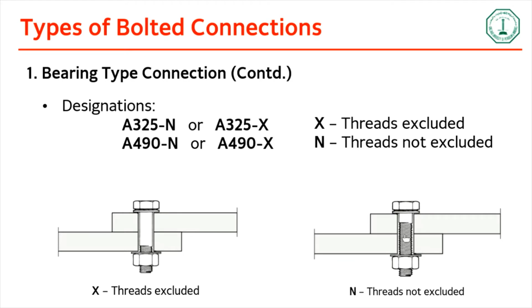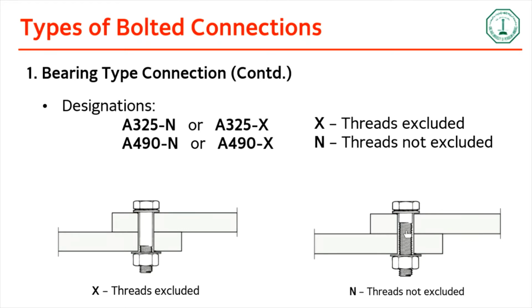While in this case, it is type N, which means threads not excluded, which means threads are included. I know it's a weird way of saying it. It's threads included, which means threads not excluded. So this is type N and this is type X. So in the manual, you see that the shear strength really varies for these cases.